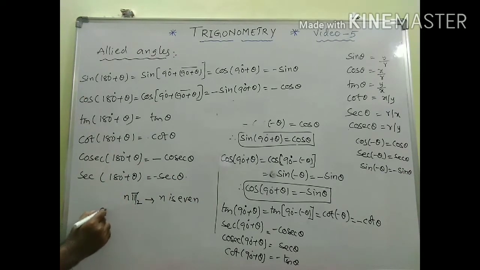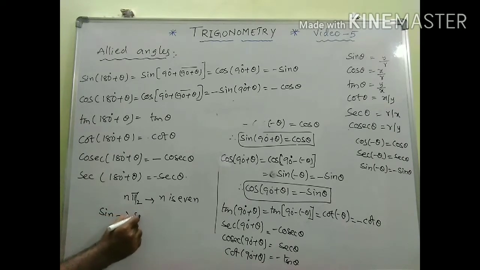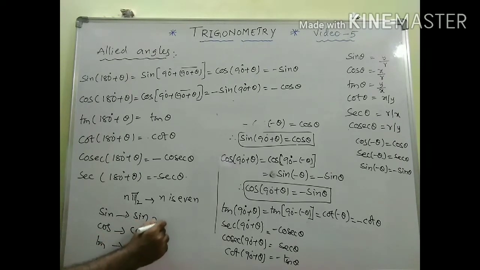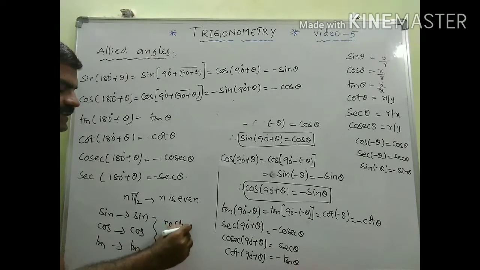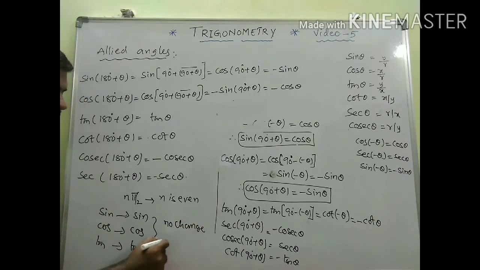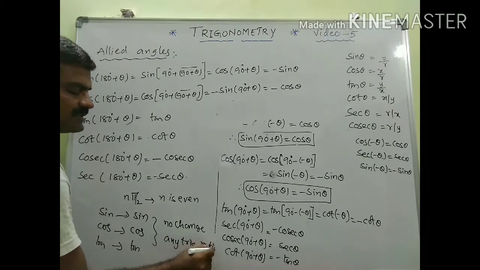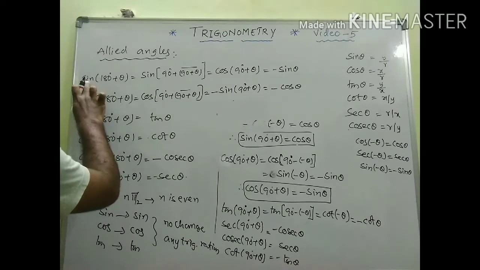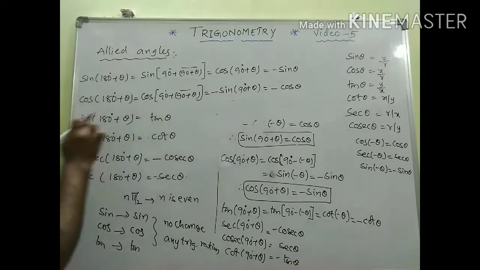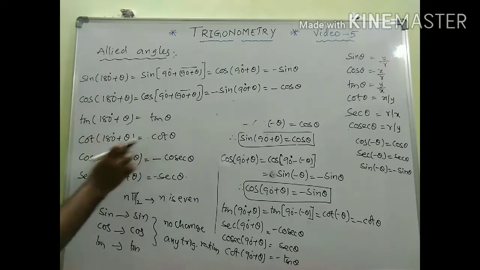Then you know there is no change. Sine remains sine itself. Cos remains cos itself. Tan remains tan itself. So no change in any of the trigonometric ratios: sine, cos, tan, cot, cosecant, secant.